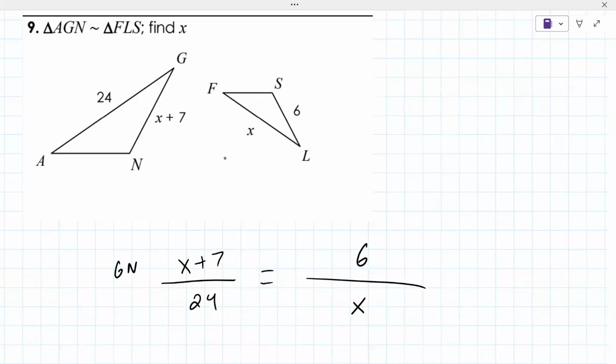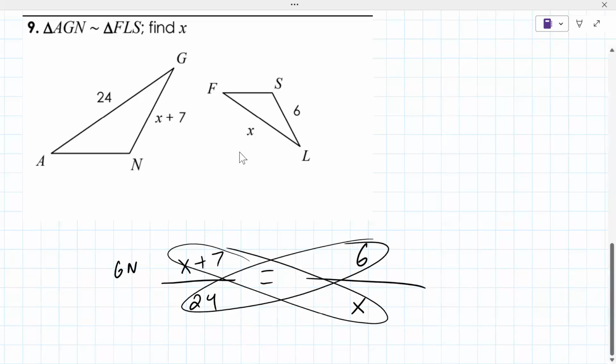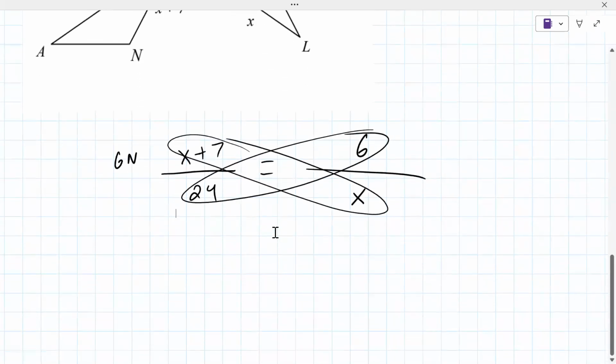So this is the first one that's a little bit more difficult. When you diagonally multiply now, actually, I don't even know if this is going to work. Let me check this here. You end up multiplying your x times x plus 7, 6 times 24.